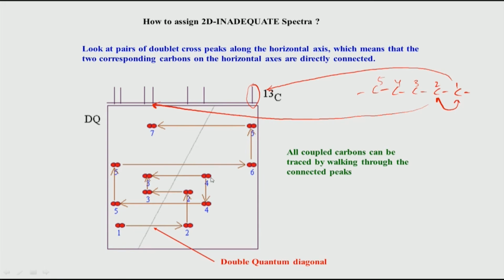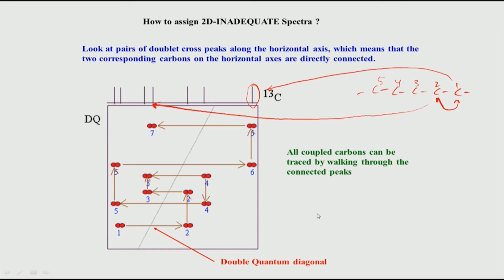Like that we can walk and keep connecting two neighboring carbon atoms, and this vertical will match with these peaks here. So, you have to place your carbon 1D spectrum on the top, and then along this line you start looking at those chemical shifts. So, this corresponds to this, this corresponds to this, and so on.